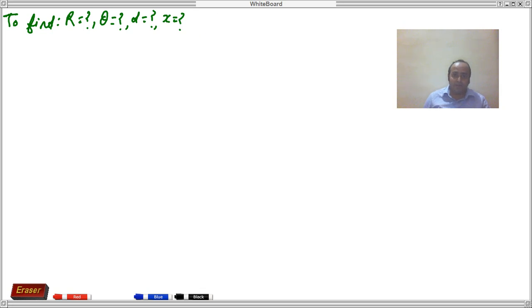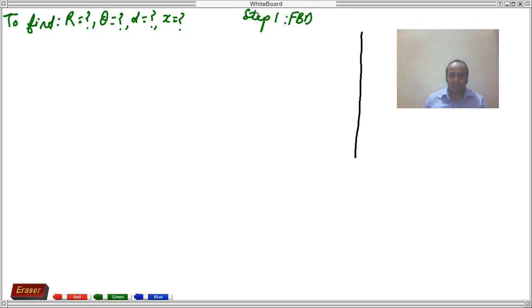Okay, so step 1, let's go with the free body diagram. Step number 1, FBD. Let's draw the free body diagram of it. It's a rectangular area which is given to us.